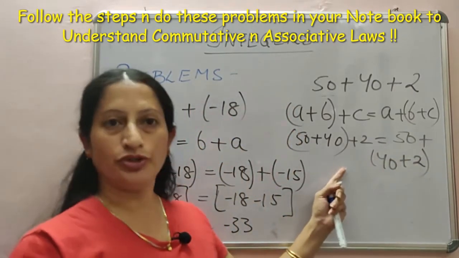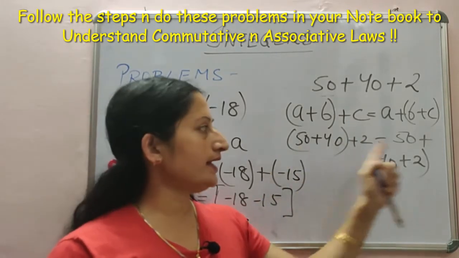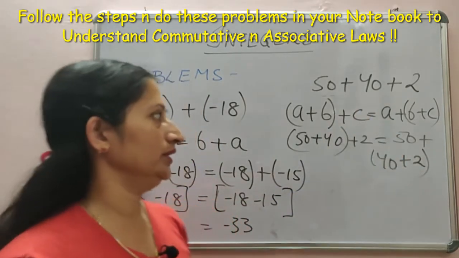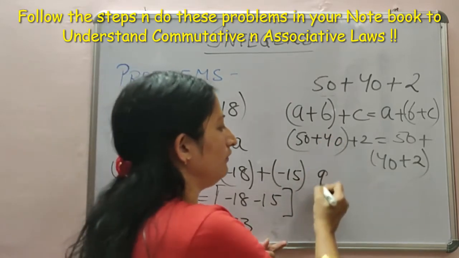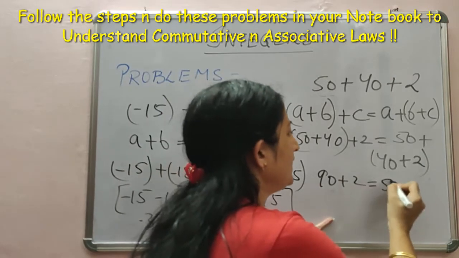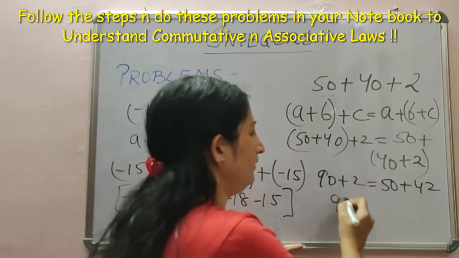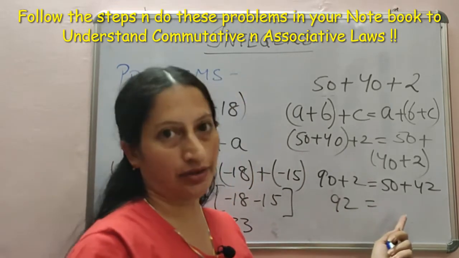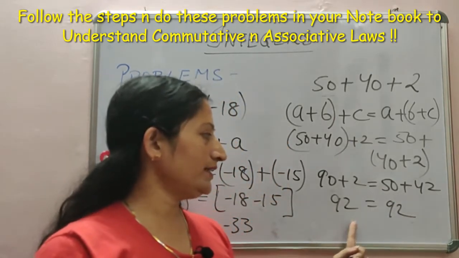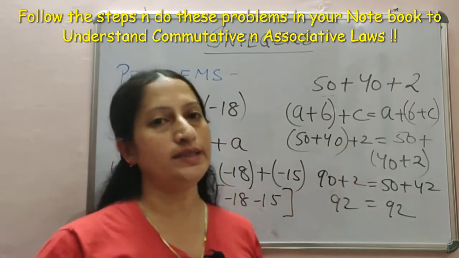So this step should be clear to you. This has come from here. Now we have to prove that left hand side is equal to right hand side so that our associative law is proved. So let's do further. It will be 90 plus 2 on the left hand side, and on the right hand side it will be 50 plus 42. So that will become 92 on left hand side, and on right hand side also we have got 92. So left hand side is equal to right hand side. So again your associative law is proved.